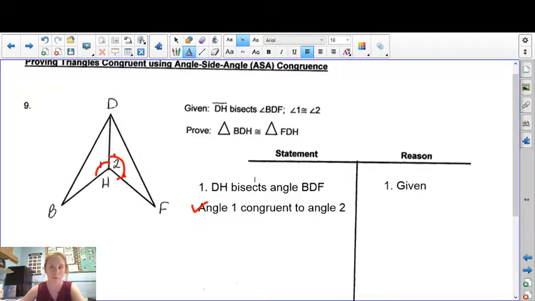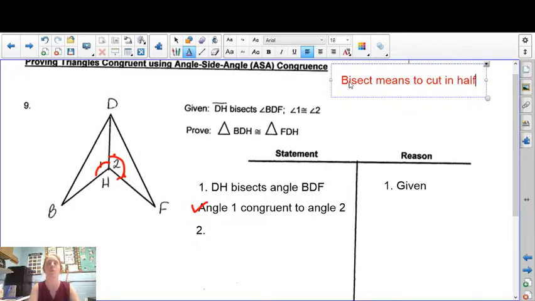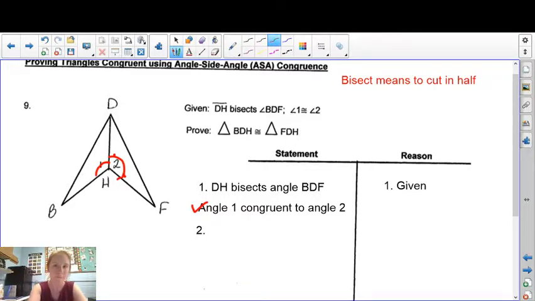I can't specifically use that first part yet because I haven't explained something. Bisect. We talked about this in our last video with our review. Bisect means to cut in half. So we're going to cut an angle in half. So let's go ahead and get our colors out again.